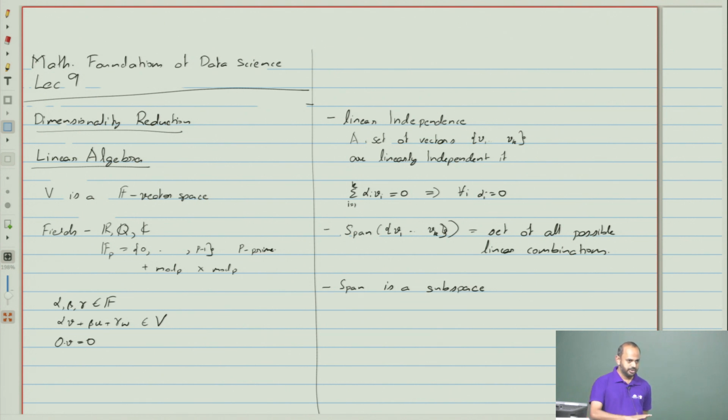It will be a 2-dimensional plane, all the z axis values will be 0. What about the vectors 1 1 0 and 1 2 0?